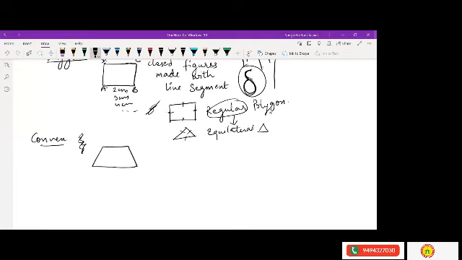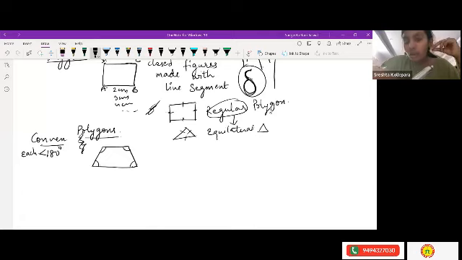In this, each angle will be less than 180 degrees. This is also less than 180, and this is also less than 180 degrees. So whichever polygon has each angle less than 180 degrees comes in the category of convex polygons.